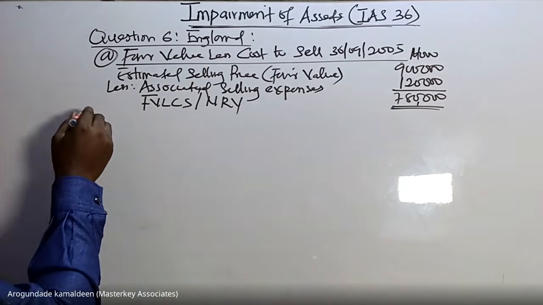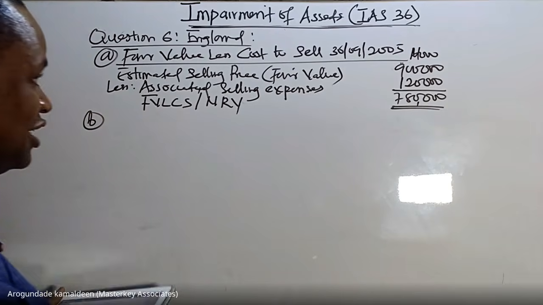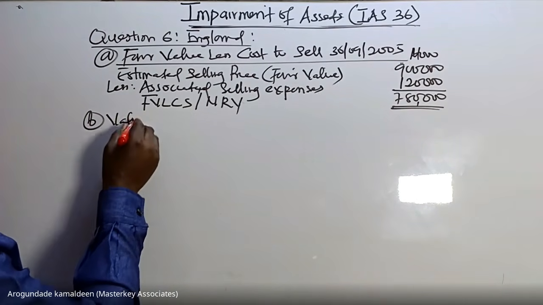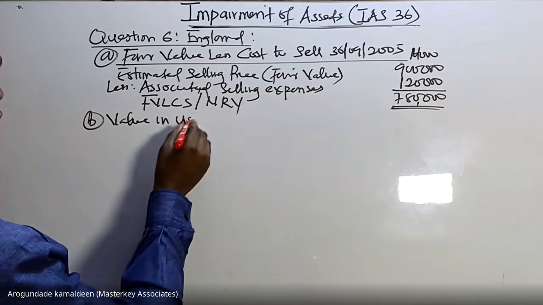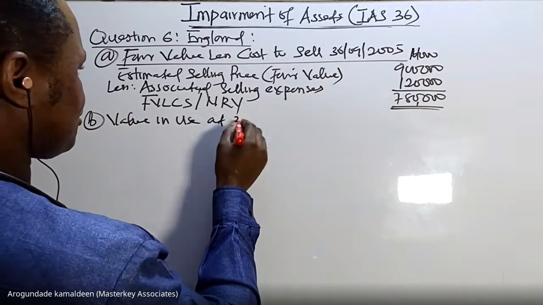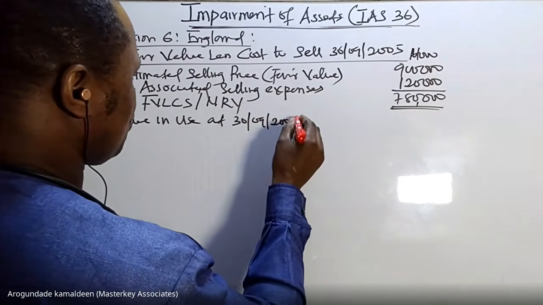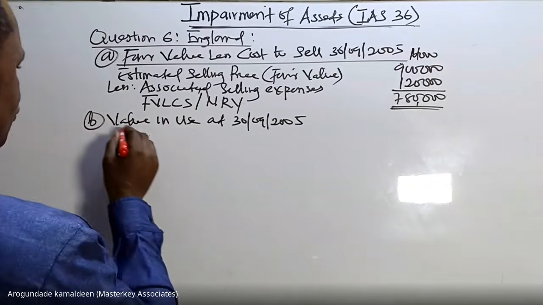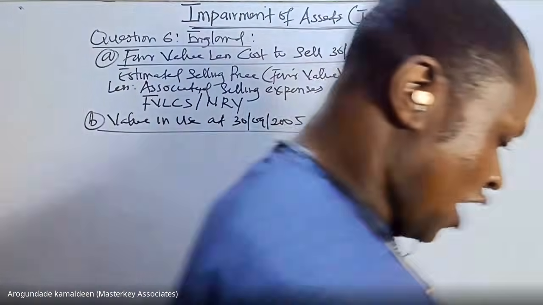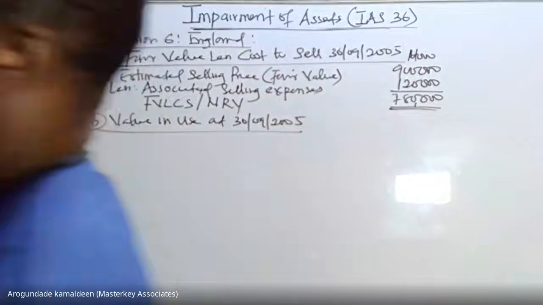Part B now says the value in use at 30th September 2005. How many years do you have left on this asset? Tell me.